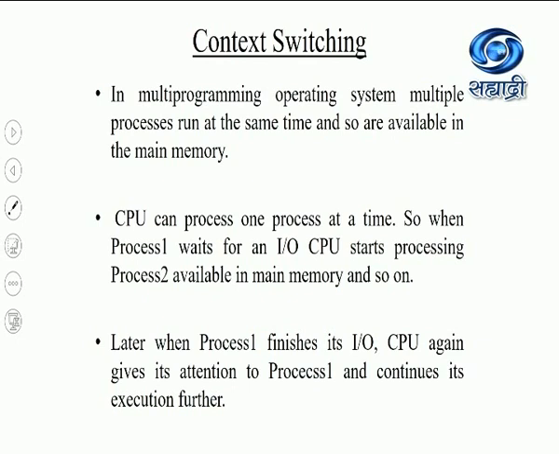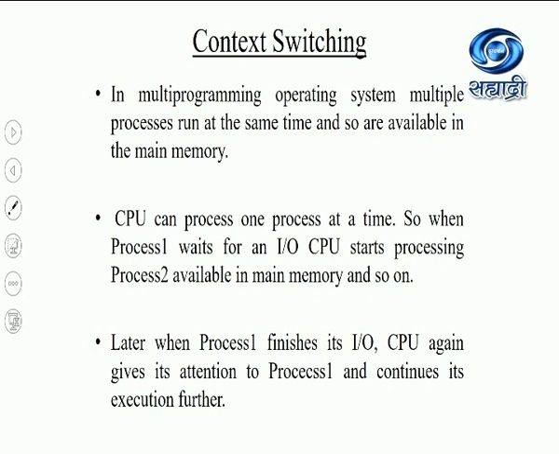Now, the next important concept regarding process management is context switching. In multiprogramming operating systems, multiple processes run at the same time and so are available in the main memory. We have already talked: the CPU can process one process at a time. So, when process 1 waits for an I/O, the CPU starts processing process 2 available in the main memory and so on.